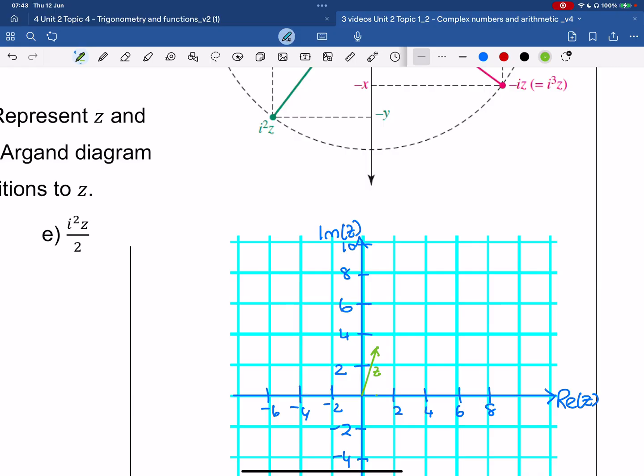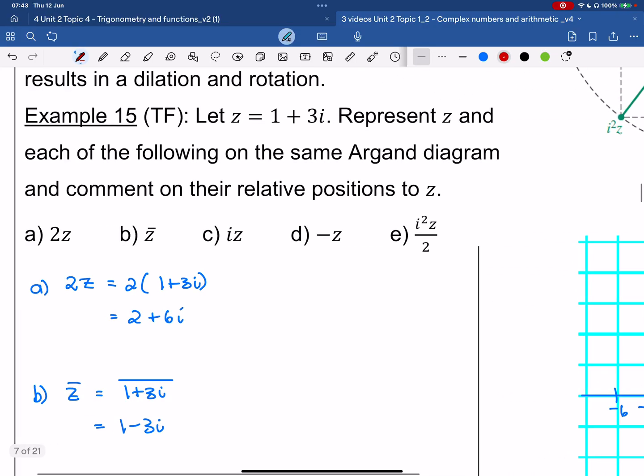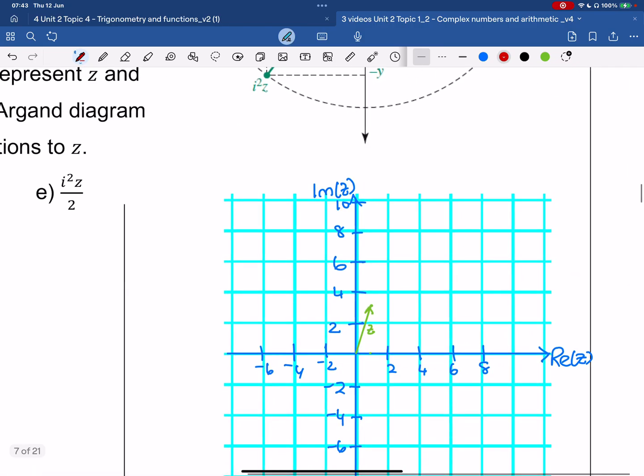All right, let's do all the others in red. So 2z is 2 plus 6i. So I go across 2 and up to 6. So 2z is over here.